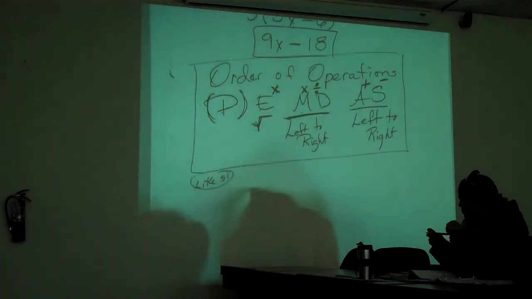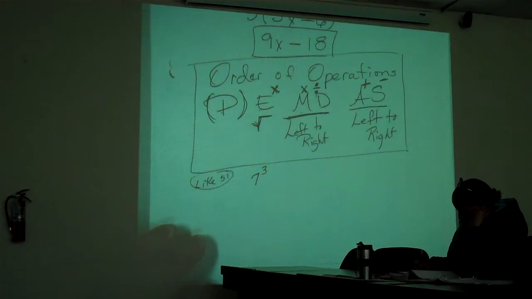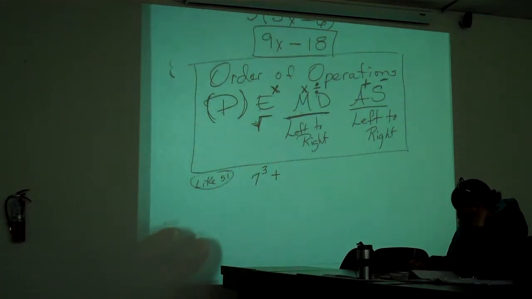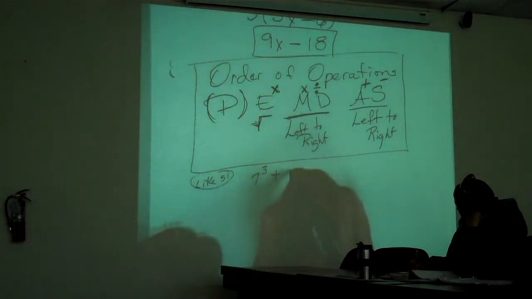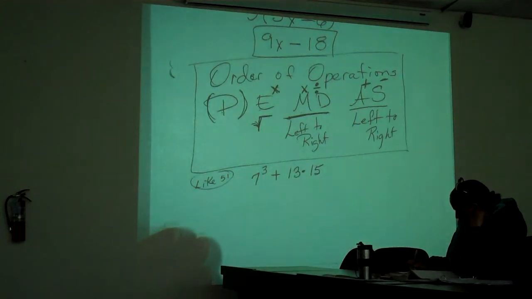Okay, so we're gonna have 7 to the third power instead of 5 to the third power, plus a multiplication here. I'll actually do a simpler one than what they did: 13 times 15. Theirs is harder, it's 26 times 71.